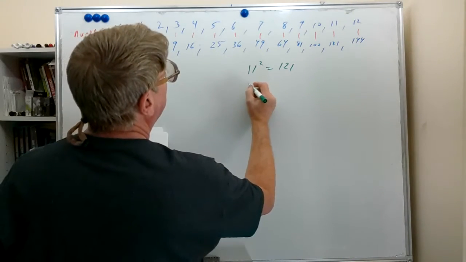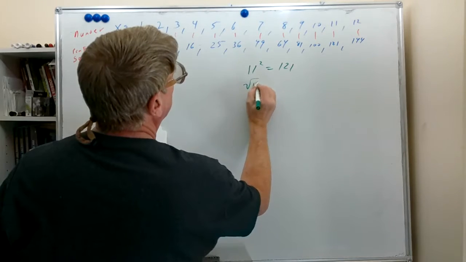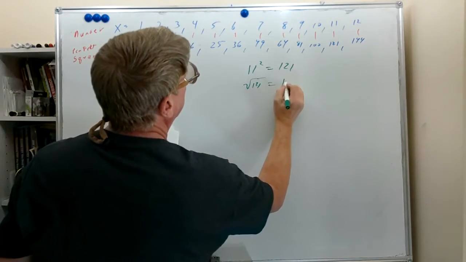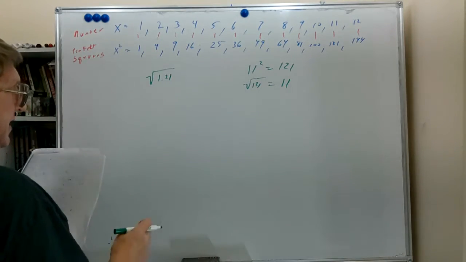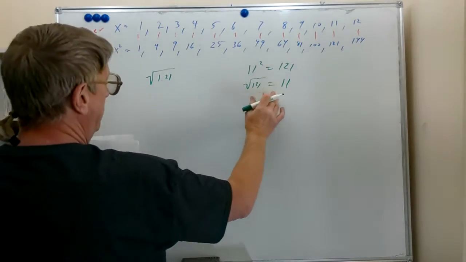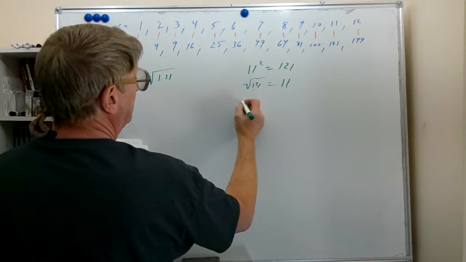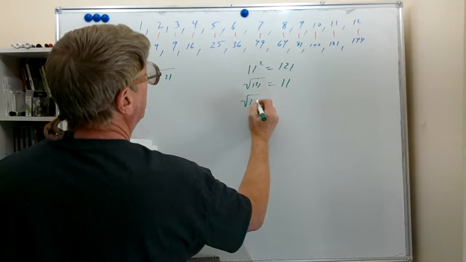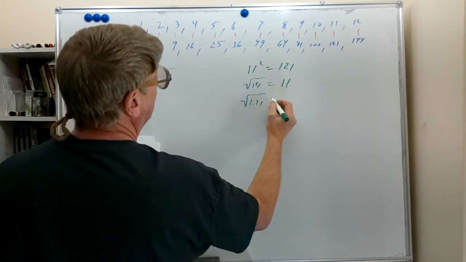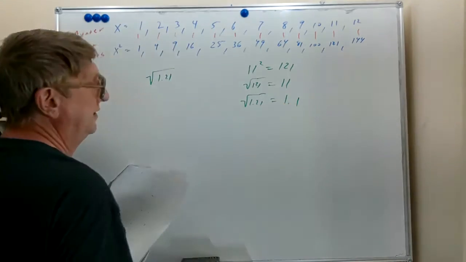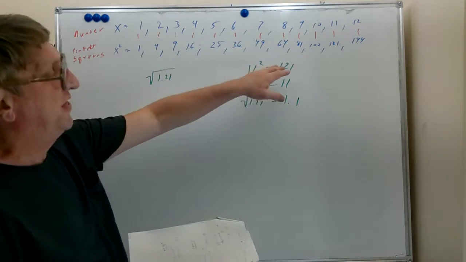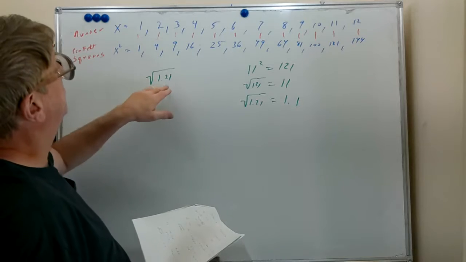So we could also say that the square root of 121 equals 11. But we have 2 decimal places here, so we need 1 decimal place in our answer. So basically, the square root of 1.21 equals 1.1. The whole number part works out, and we have 2 decimal places there.